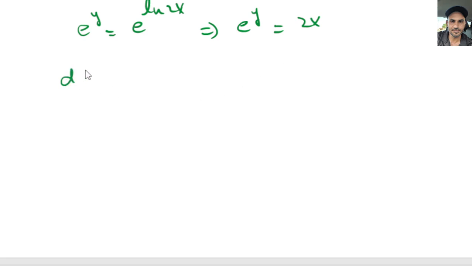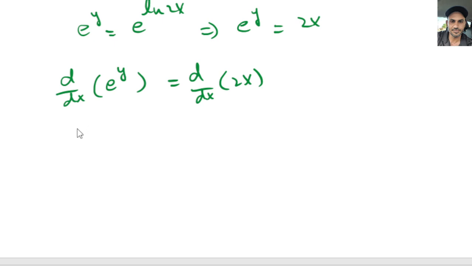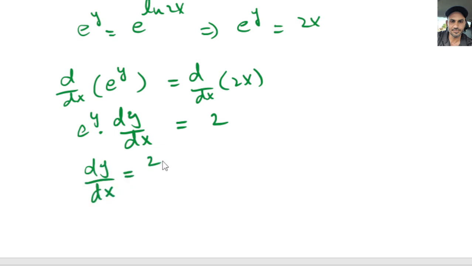Then the derivative d over dx of e to the y equals d over dx of 2x. So this is e to the y times dy over dx, equals the derivative of 2x, which is just 2. Then we divide both sides by e to the y, so dy over dx equals 2 over e to the y, which is equal to 2 over 2x, which is equal to just 1 over x.